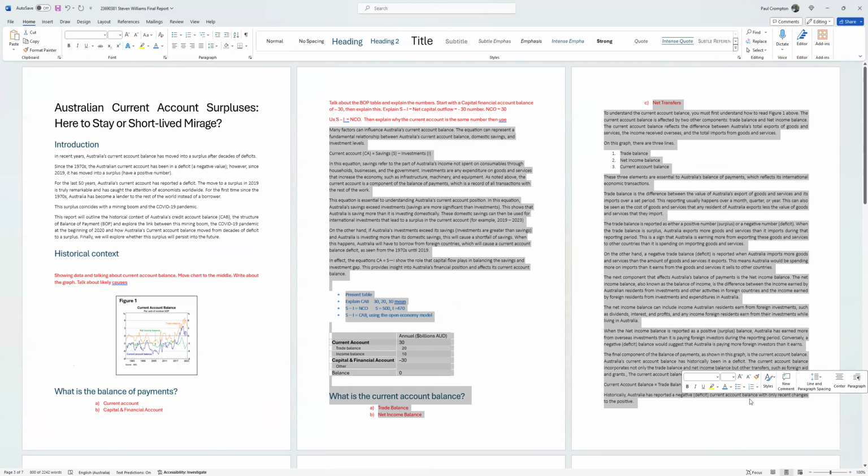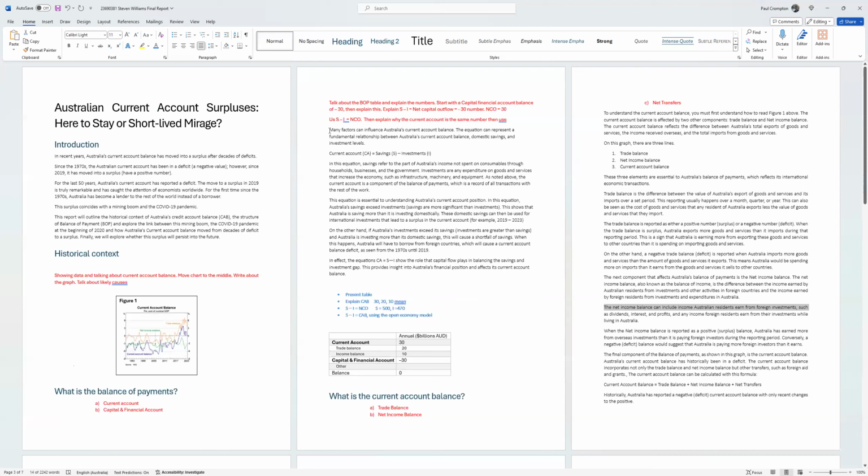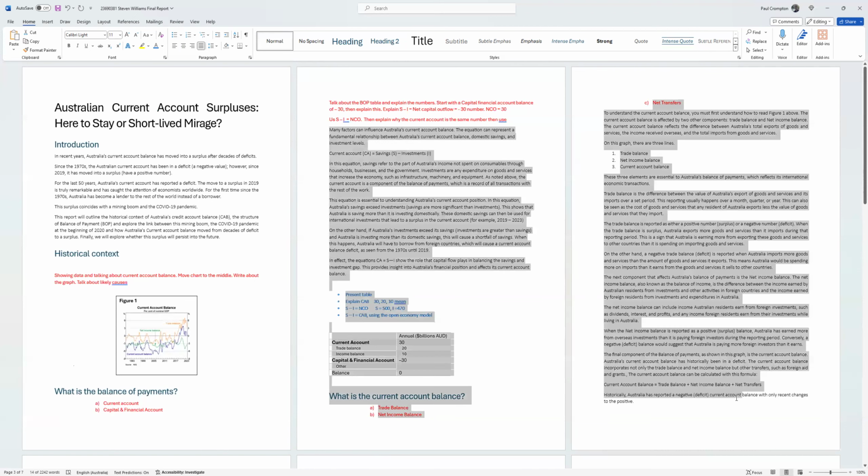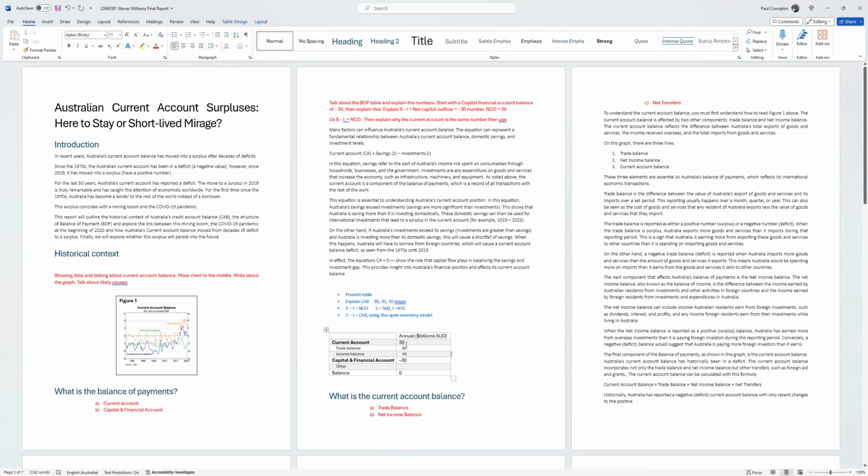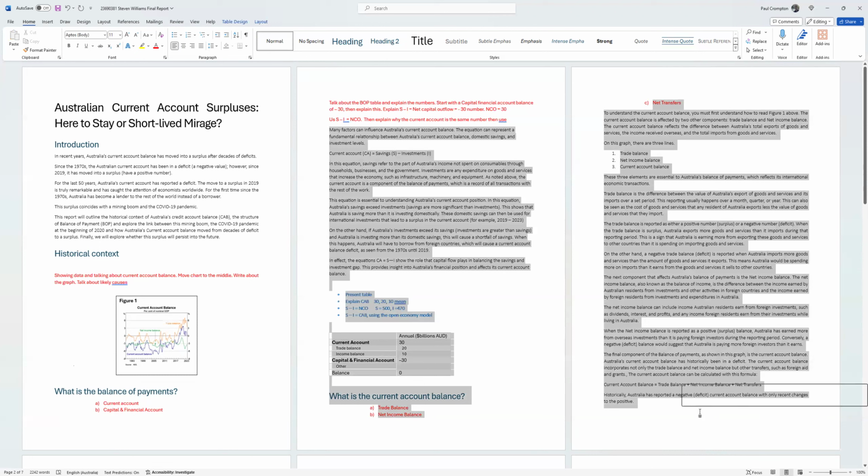It's not structured well. And the key thing here, Stephen, is you're using all of this text and just a very small table, but you're basically using text to try to explain to the reader what the balance of payments is. The reader hasn't got a chance.